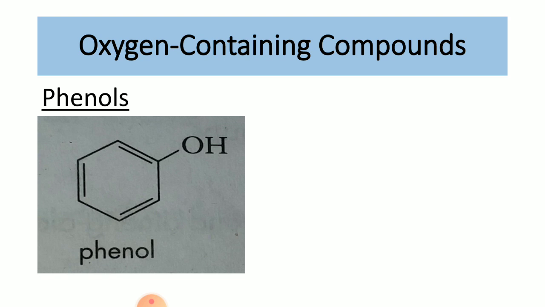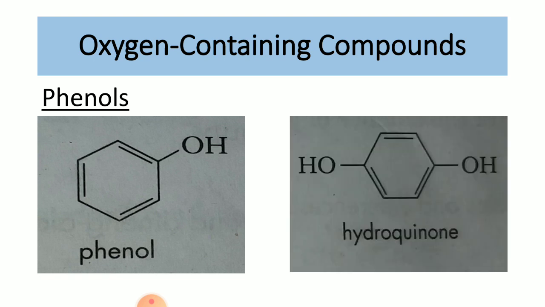This is used as an antiseptic and a raw material for making plastics and aspirin. Another example is hydroquinone. Hydroquinone is a skin bleaching agent in personal care products. Usually you will see this in rejuvenating toners.